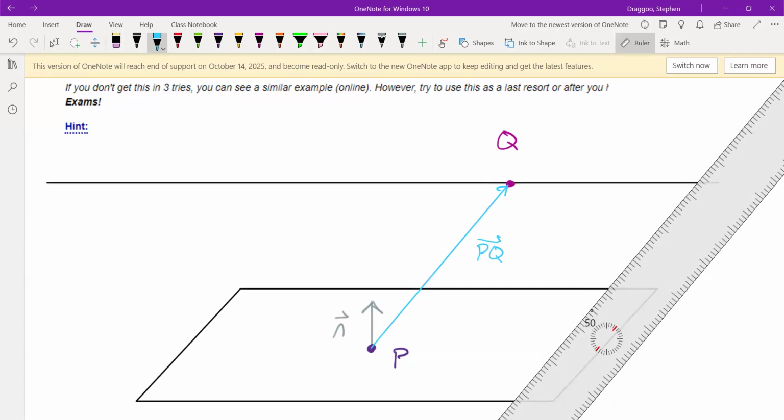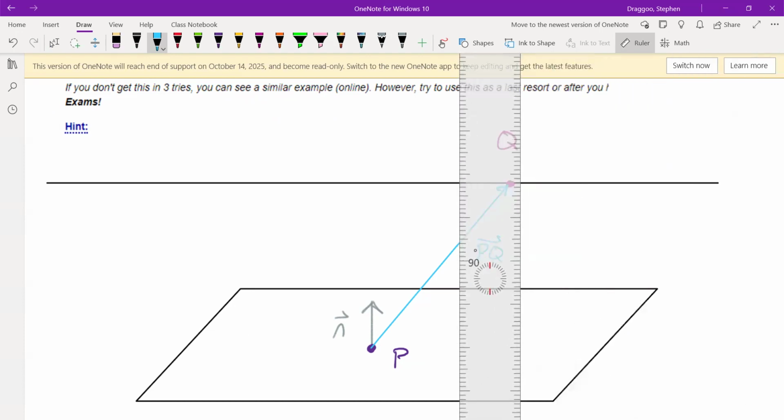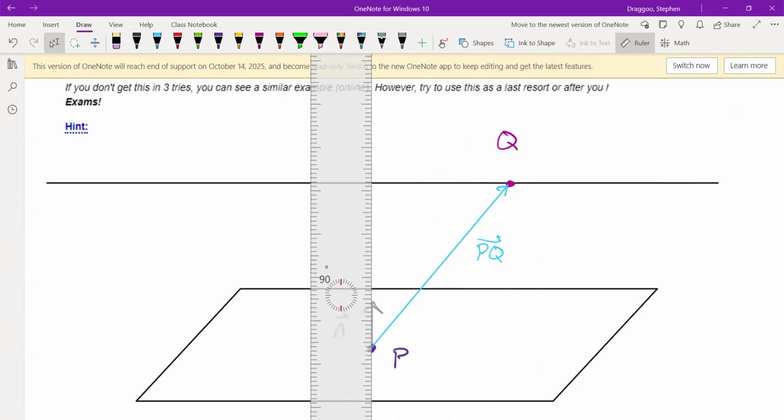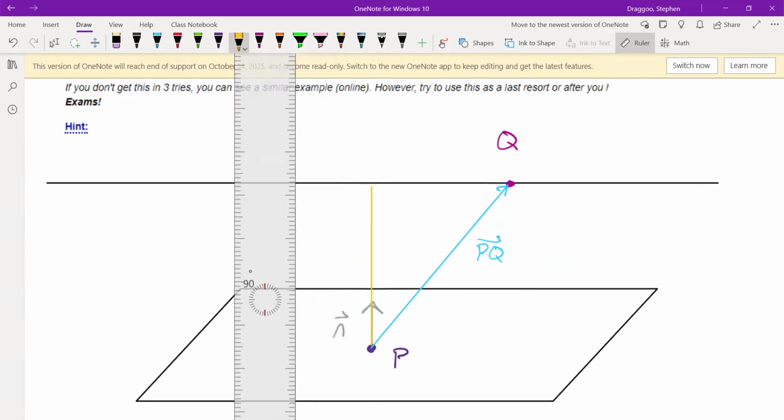And then you'll probably notice that that means that vector, PQ, doesn't actually give the shortest distance between the line and the plane. But that's okay, because all I need to do is take that vector, whatever vector it might be, and project it onto the normal vector, which will get me the shortest distance between the 2.